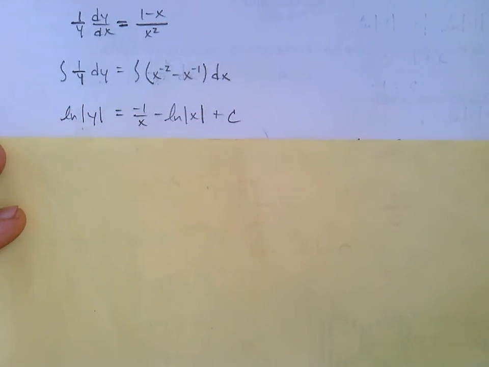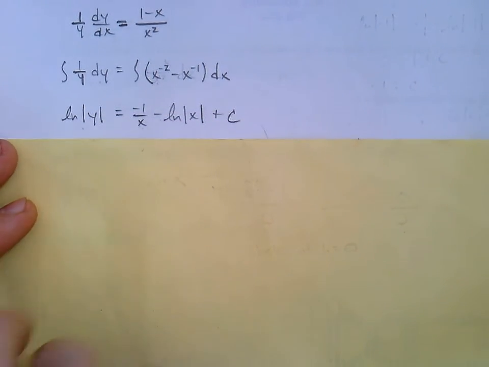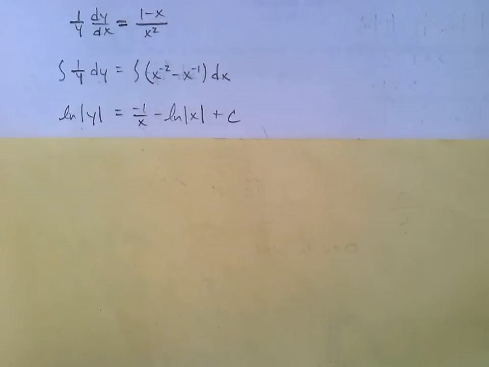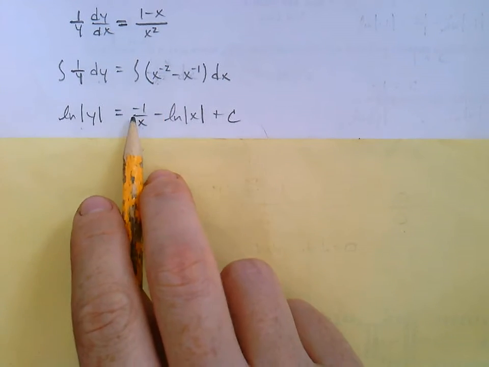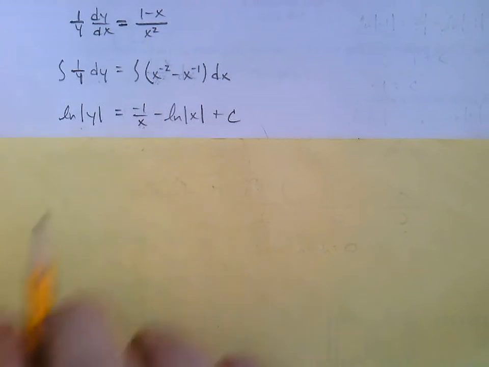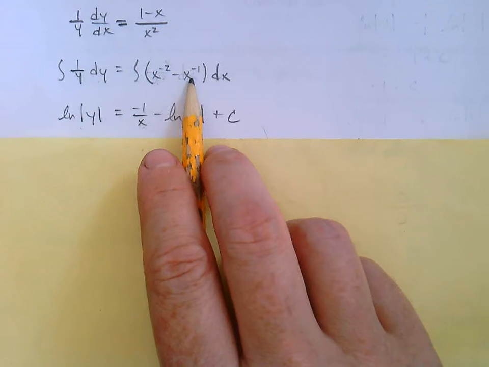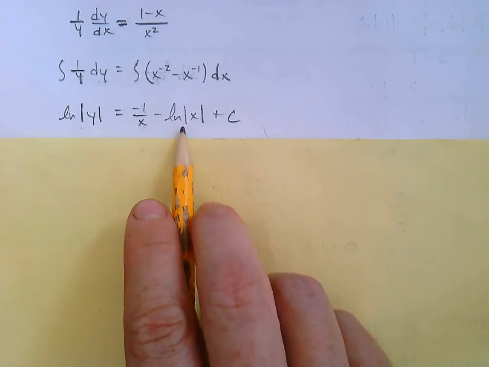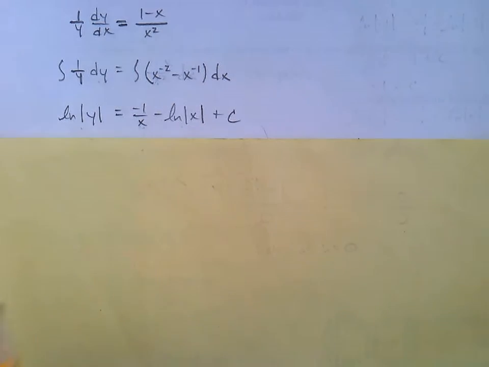And now, let's see how this will work out. Well, 1 over y is the natural log of y. X to the negative 2, well, that's negative 1 over x. You could say negative x to the negative 1, but I prefer it in this form. Hey, we've got minus x to the negative 1. Well, that's really just 1 over x, so that's a minus natural log absolute value x.